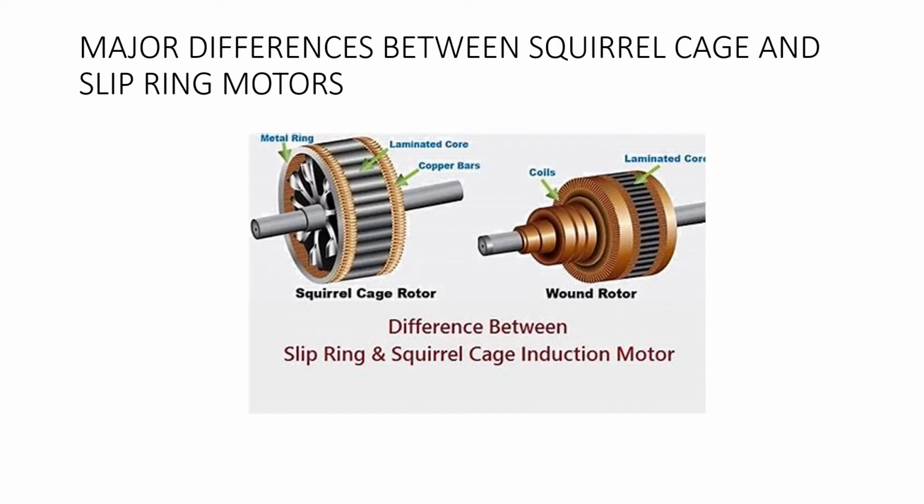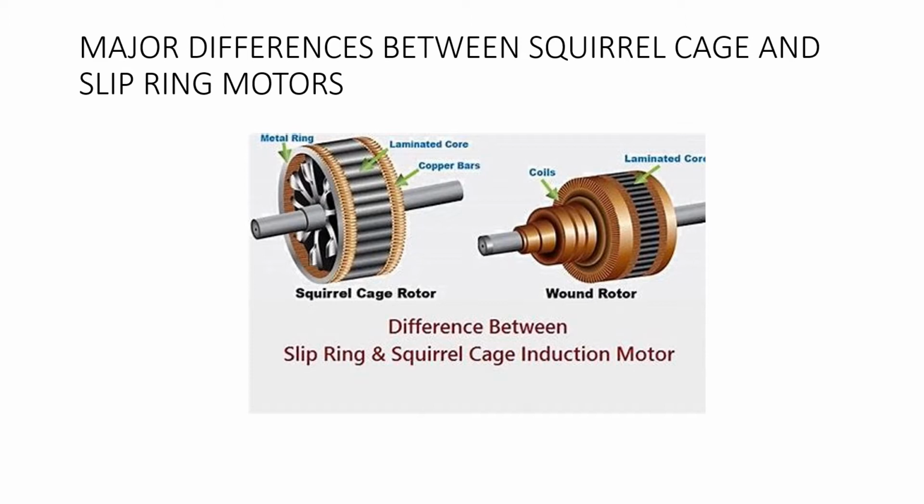This slide shows the major differences between squirrel cage and slip ring induction motor. The main difference between the squirrel cage and slip ring induction motor is their rotor windings.